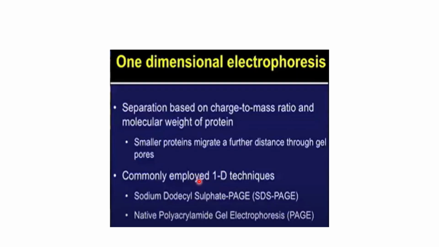You are separating the protein in one dimension itself. It basically separates depending upon charge to mass ratio and molecular weight of the protein. That is using sodium dodecyl sulfate, which gives negative charge to the protein. And native PAGE is nothing but polyacrylamide gel electrophoresis, which is PAGE.